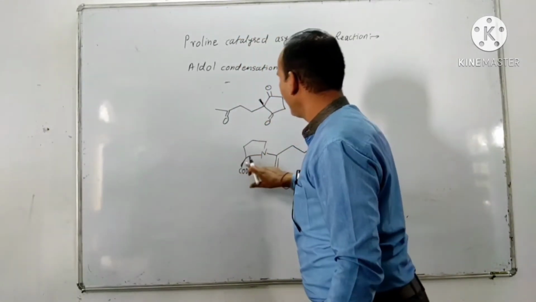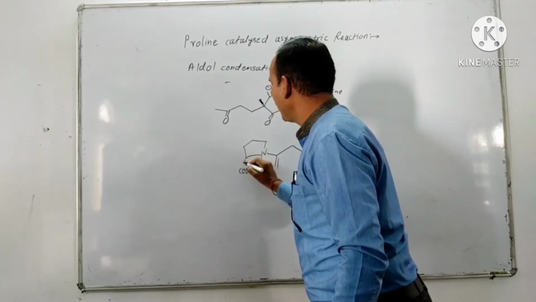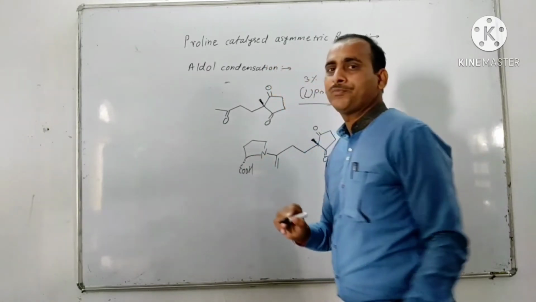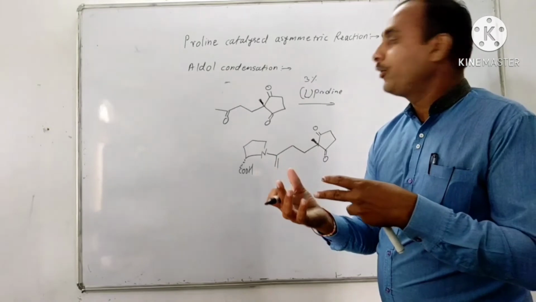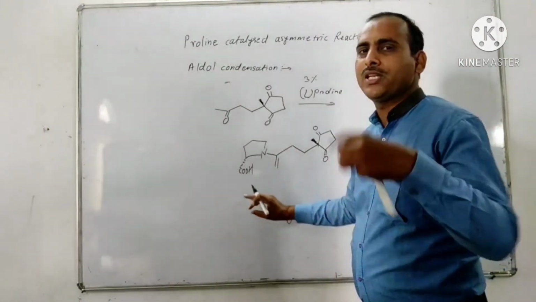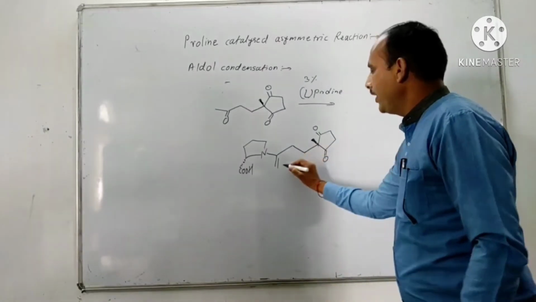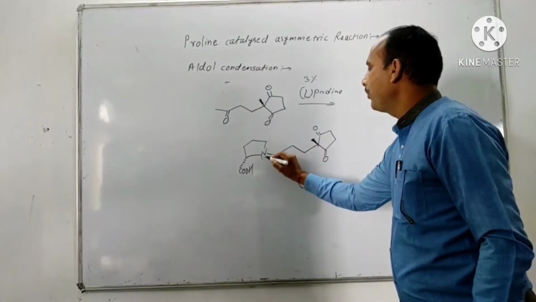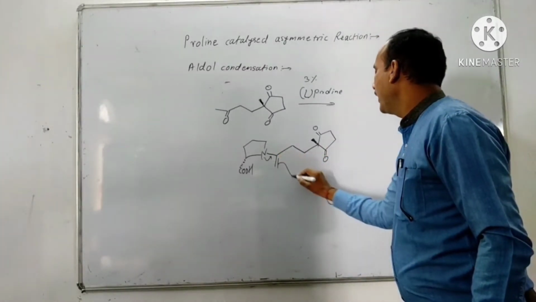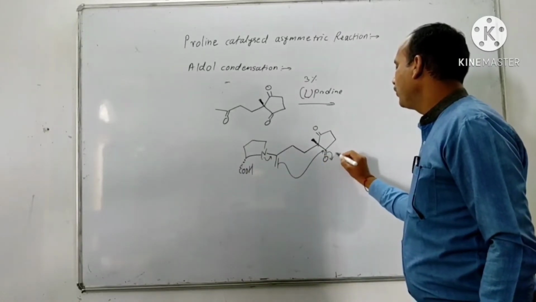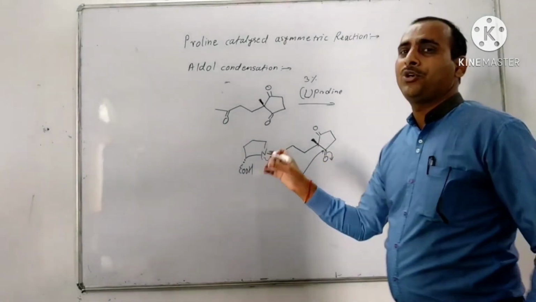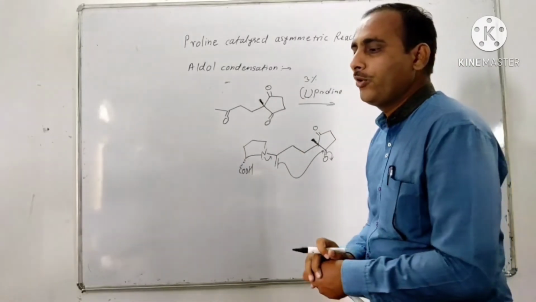Sorry, it is L-proline, so the COOH is present below the plane. For S-proline, the COOH would be present above the plane; for this one the COOH is present below the plane. Now there is a cyclization. This lone pair attacks the carbonyl to form O minus, which takes the proton, and there is formation of OH.